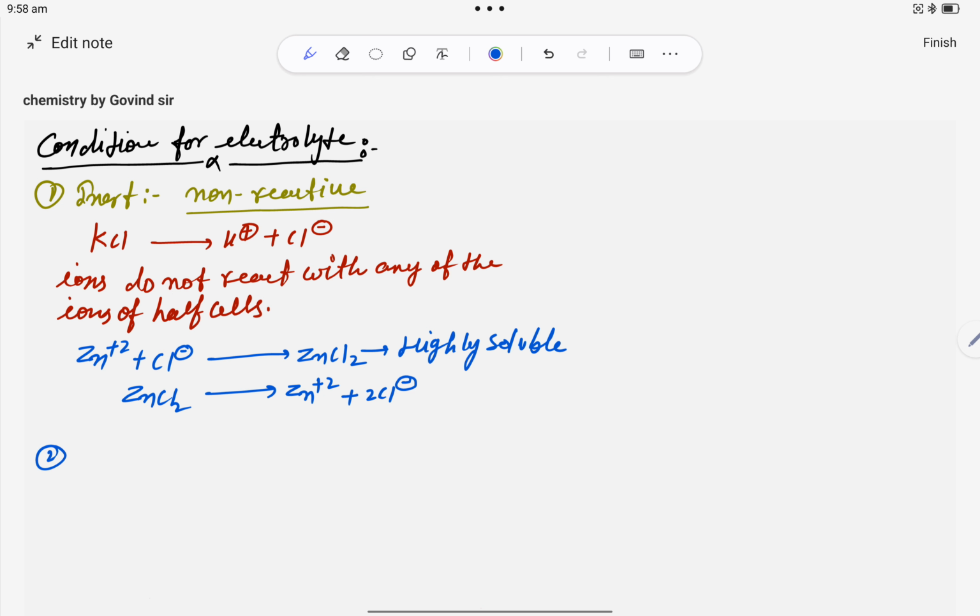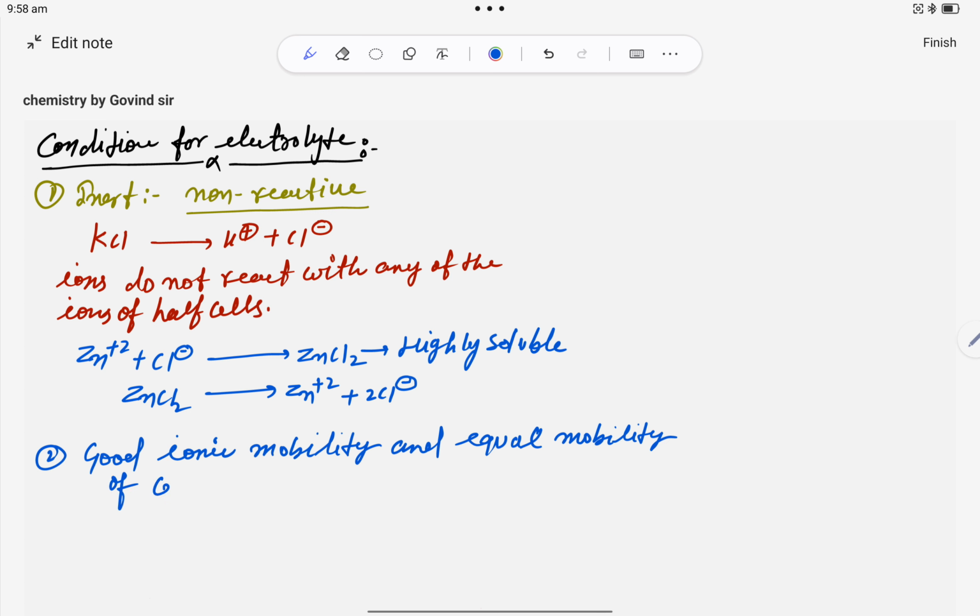Hope it is clear. Point number 2: good ionic mobility and equal mobility of cations and anions.